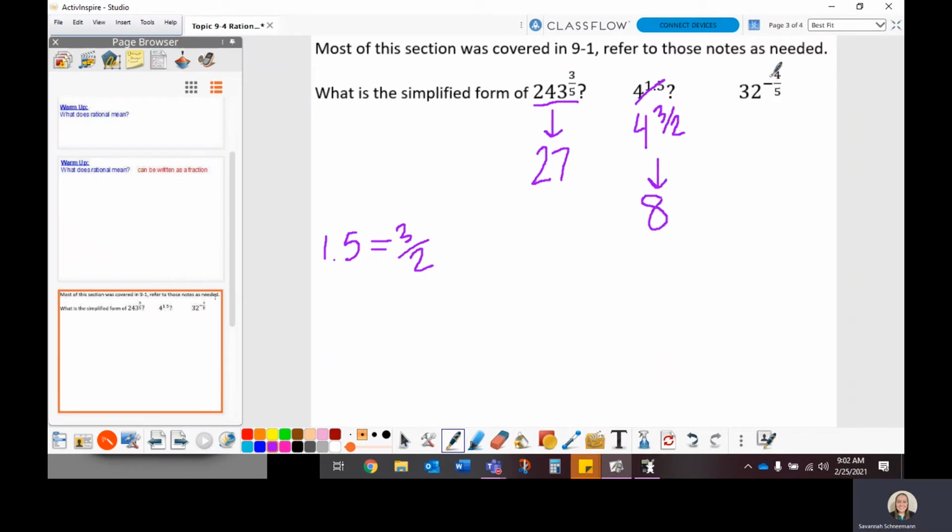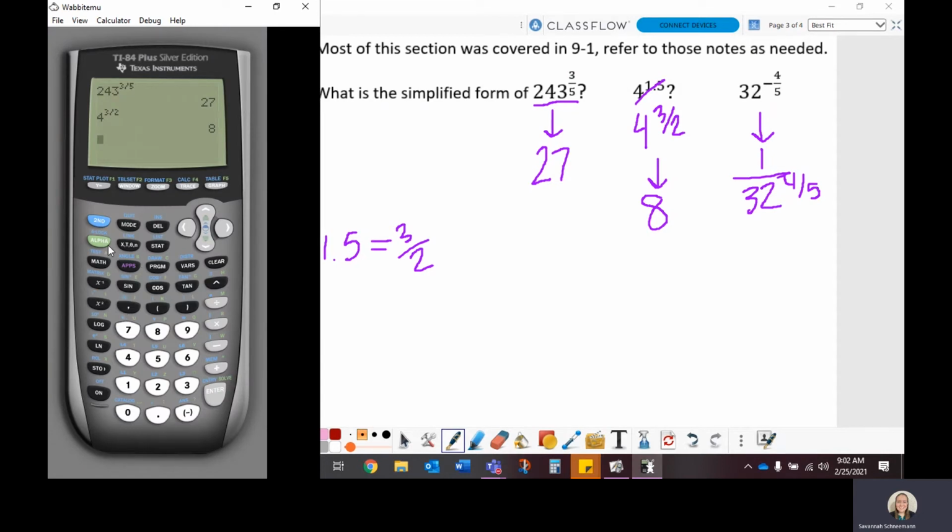Now this is a negative exponent. Remember from our 9.1 notes, if it is negative, we need to take the reciprocal of it. So this is actually going to be 1/32 to the 4/5 power. This is what I'm going to put in my calculator.